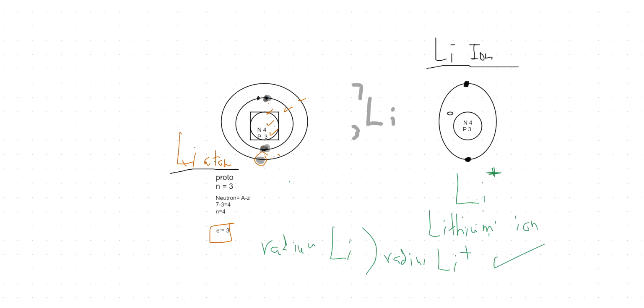Why does the lithium atom have the bigger radius? What can we say? Because it has an extra shell. Extra shell, yeah, because the ion lost one electron. The ion lost one electron to be an ion, okay?